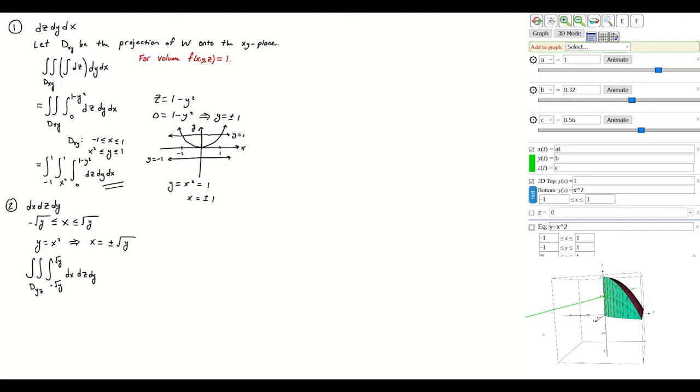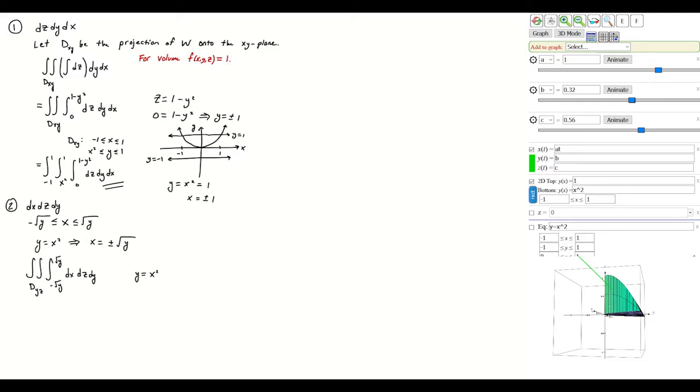So what we can do here is think about this surface. So that parabola is y equals x squared.